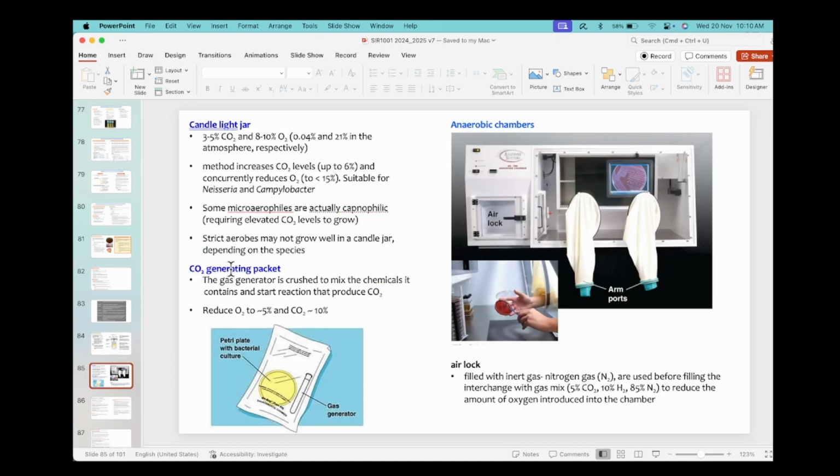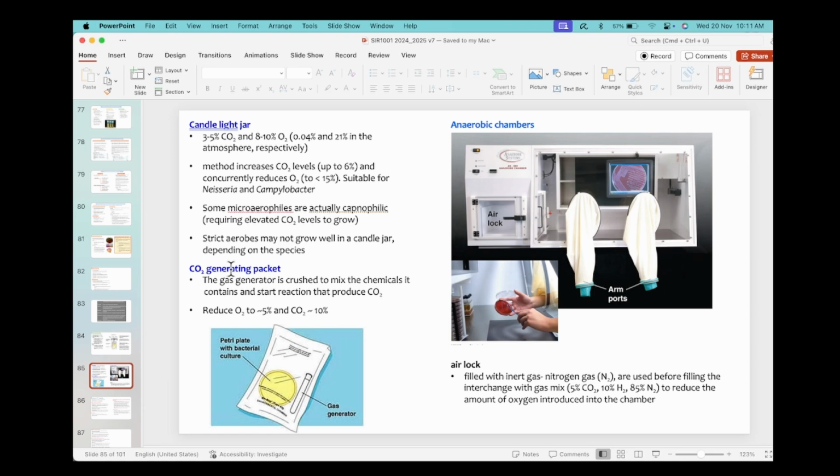For capnophiles that require about 3 to 5% CO2, you can use a candle jar. It's just a simple tin can. Usually we choose a large one because you need to make sure the mouth is wide enough for your hands and the plates.